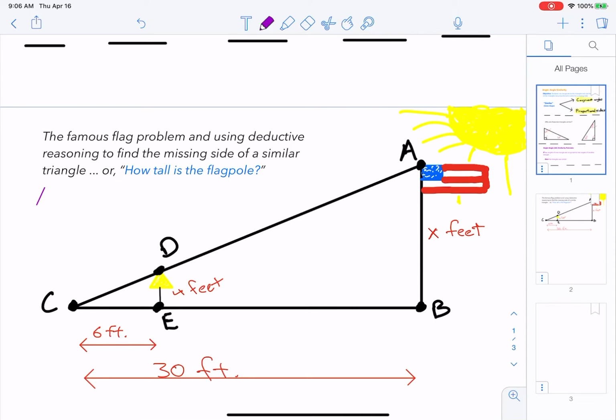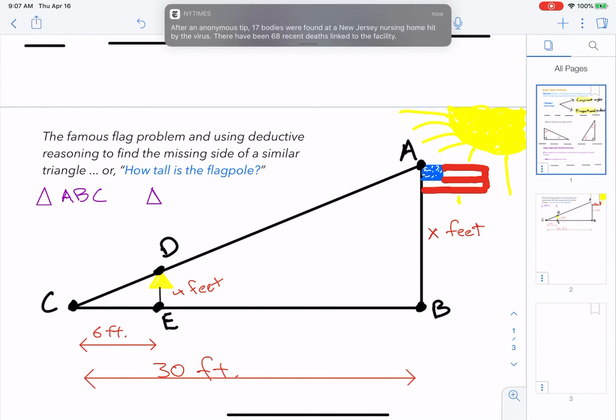We have the big triangle, ABC, and we have the smaller triangle, DEC.